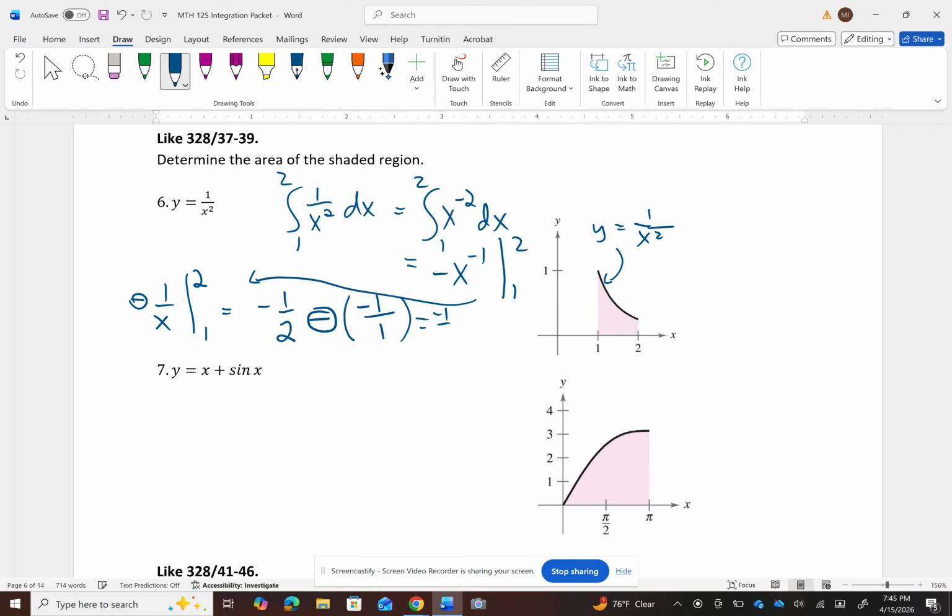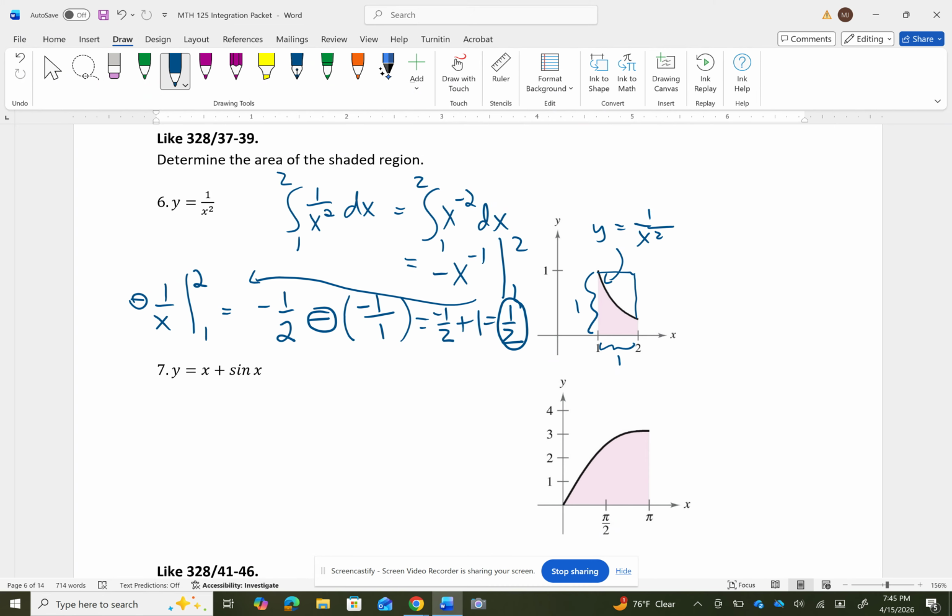So this will be negative 1/2 plus 1, which would turn out to be a positive 1/2 when we're finished. Now I was expecting a positive number. And if you look at the picture and think about a rectangle that's 1 by 1, that whole rectangle should be one whole. So it makes sense for that to be around 1/2. Okay?